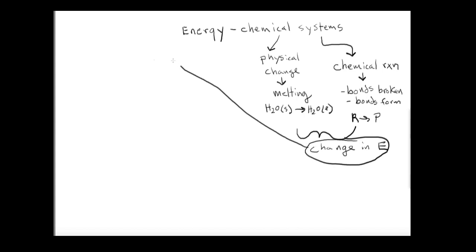All right, so I'm going to move this over here, and we can break down energy in chemistry to two types. We have predominantly kinetic energy, and we have potential energy.